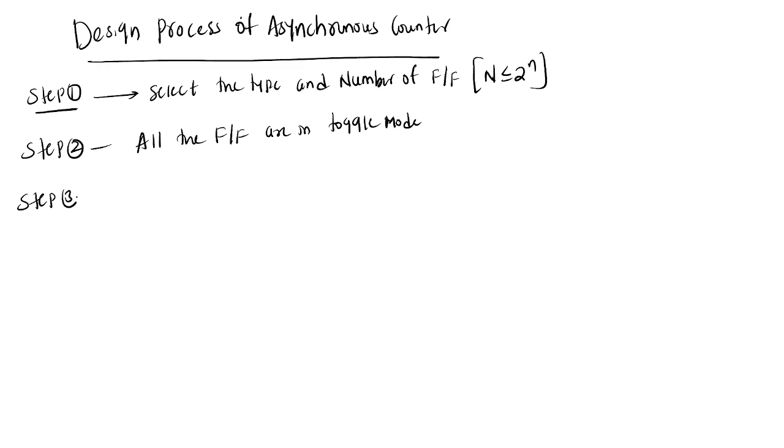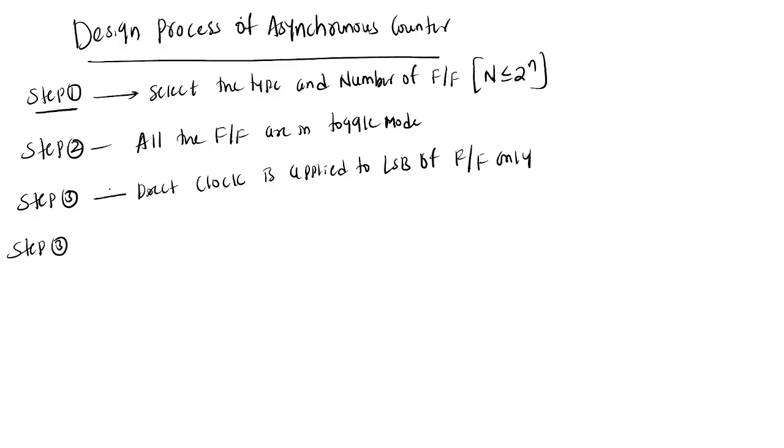Step 3: direct clock is applied to the LSB flip-flop only, and the first flip-flop output acts as a clock for the second flip-flop. Is it fine? These are the design steps. Okay.